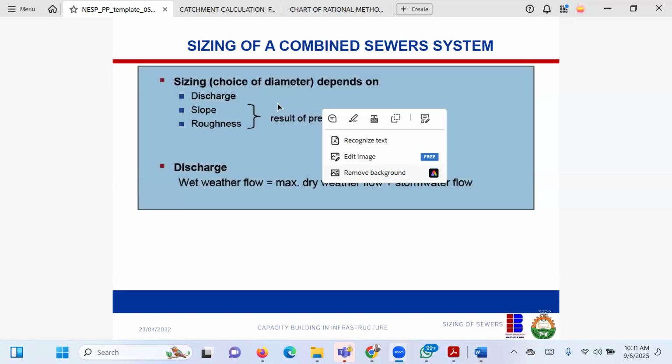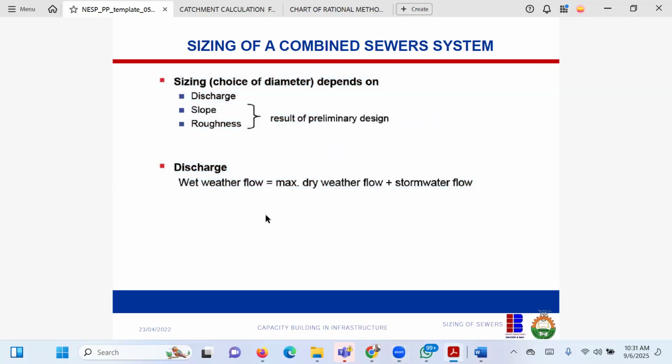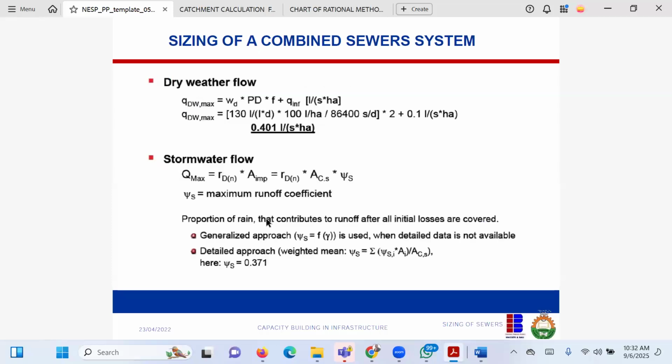When we say we are designing any pipe system, it's just what size of pipe do I need that can safely convey my runoff, my sewer, or my potable water. That's just what it is. Okay, that's that for now.